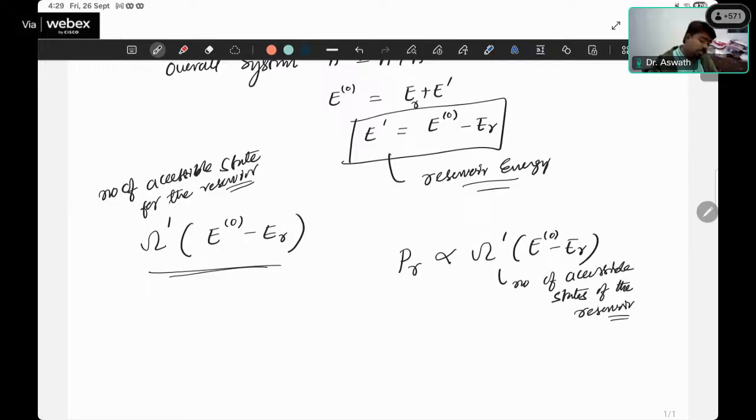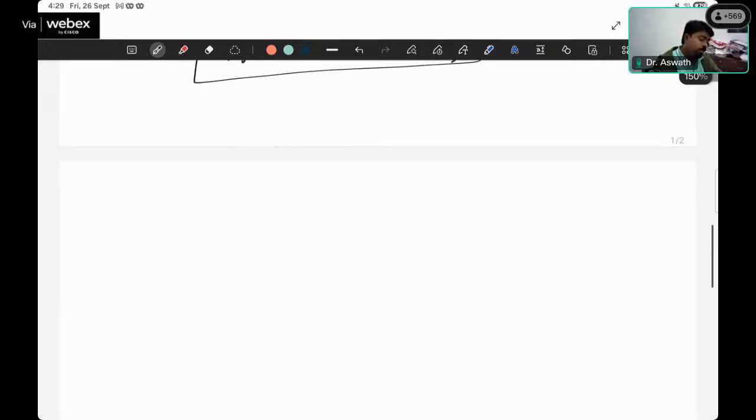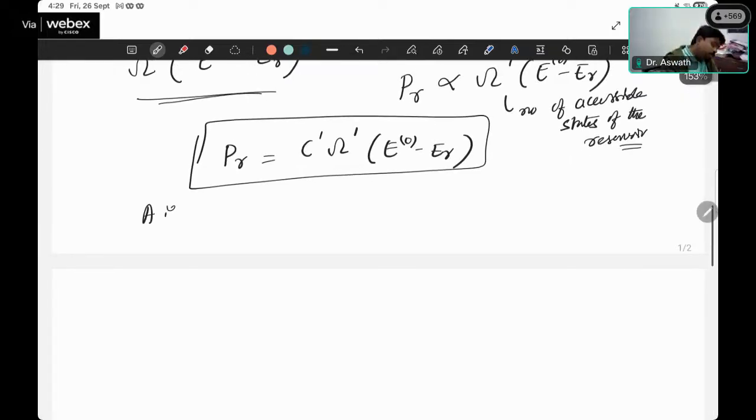Now, if I want to explicitly write down what the P_R dependence is, you can say there is some constant C prime, which I don't know right now, times omega prime of E_O minus E_R. Some implications here: E_R is very, very small, meaning the energy of R is much smaller than the overall energy.